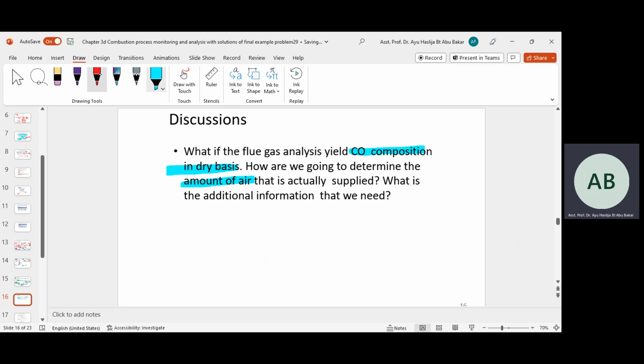Okay, first thing, when you see CO in your flue gas, what can you conclude? Conclusion, if you have CO in your flue gas, incomplete combustion.